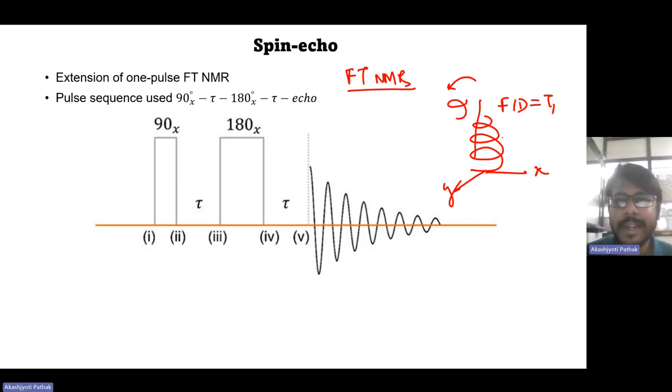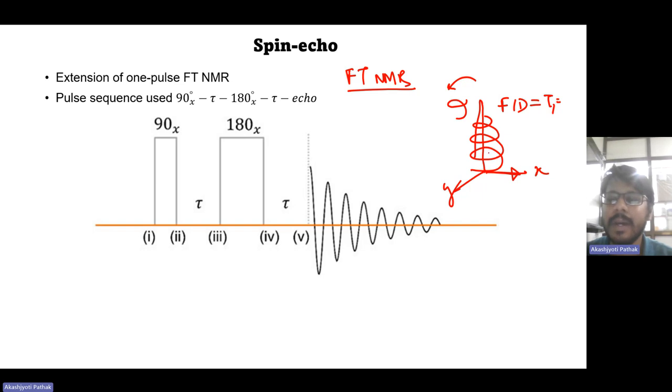So what are the T1 and T2 relaxation? We discussed the longitudinal relaxation and the transverse relaxation.